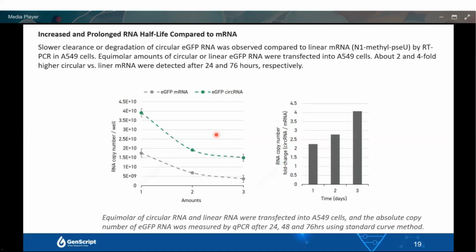Equimolar amounts of circular or linear EGFP RNA were transfected into A549 cells, and about 2- to 4-fold higher circular RNA were detected in 2 to 3 days.